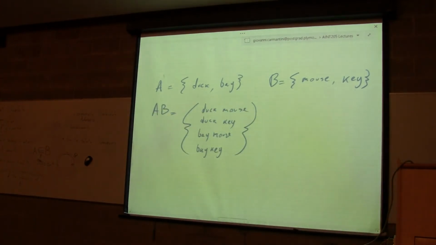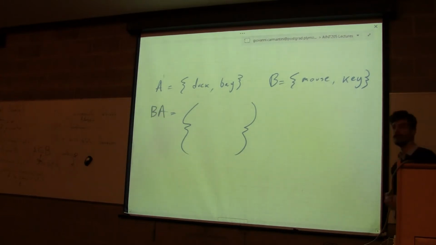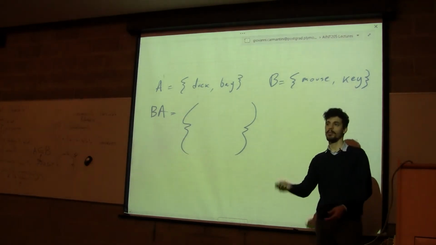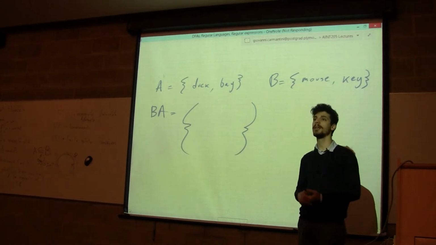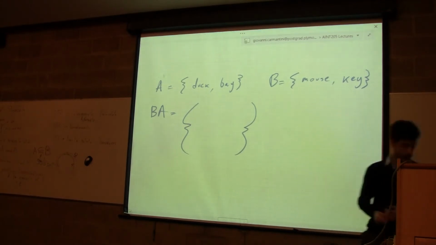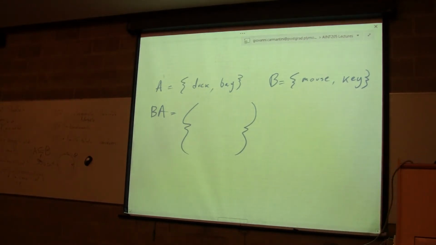So if I ask you the concatenation of B and A, can anybody give me an element from BA? Mouse duck. Mouse duck, exactly.